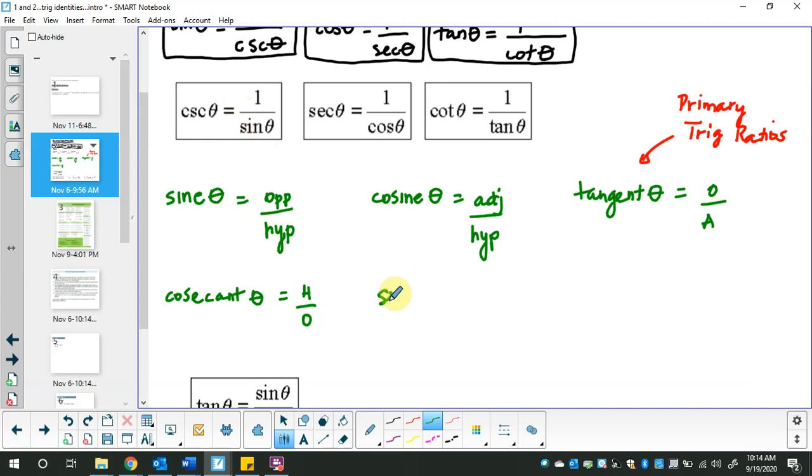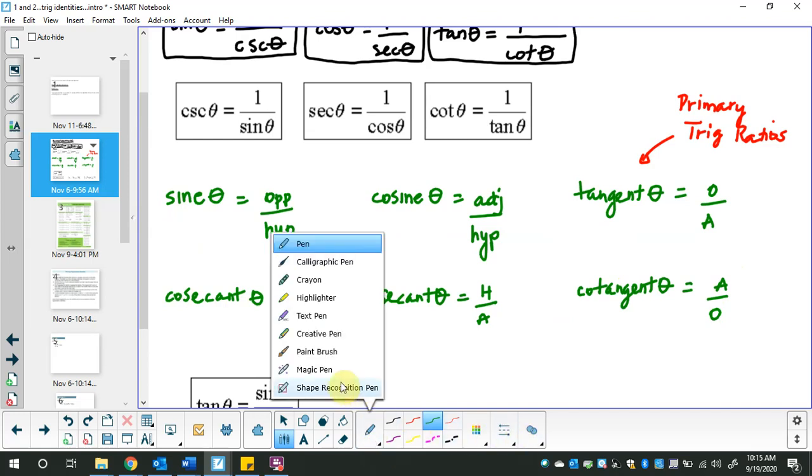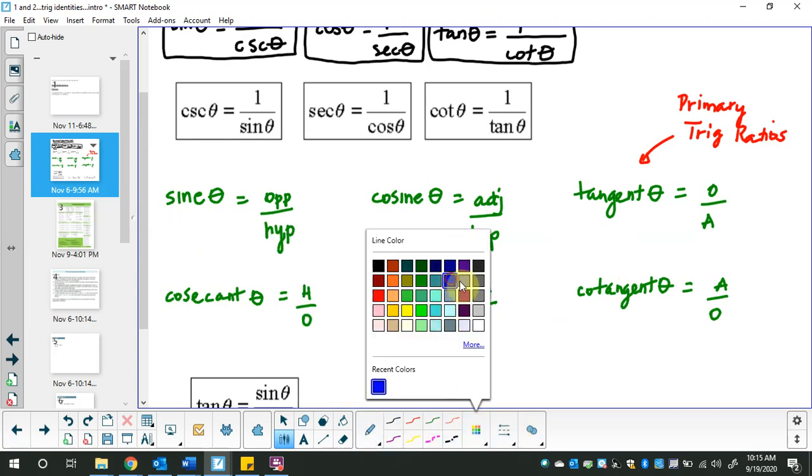The next one is secant theta, h over a, and fortunately cotangent and tangent go together quite naturally. Guess? A over O. So what I tended to remember in high school, that's just kind of fallen into my brain naturally now, is that the C's and the S's don't go together for these two, but the tangents go together.